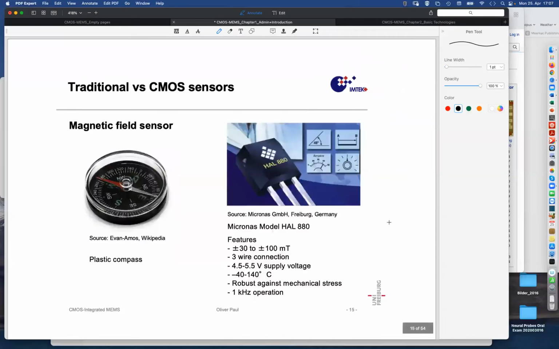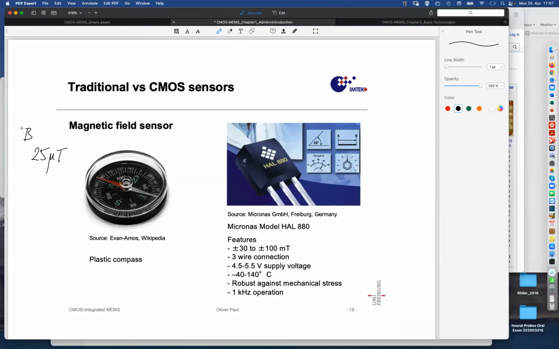Okay. Then what about another sensor idea, the compass? Now, a compass is a magnetic field sensor. It is fine-tuned to measure the Earth magnetic field. The Earth magnetic field measures about 25 microtesla.